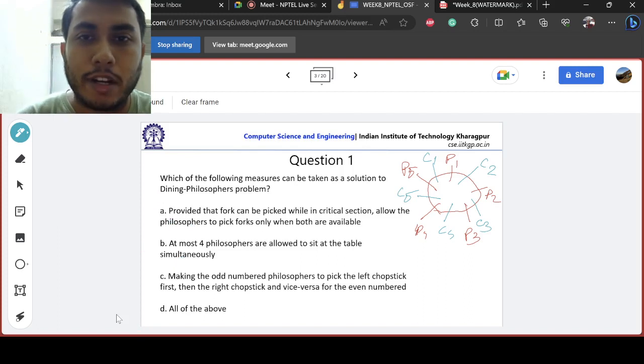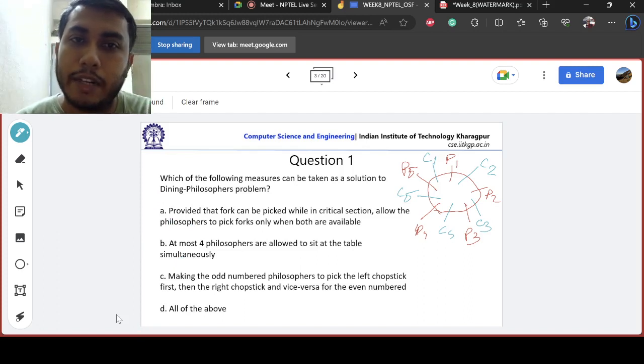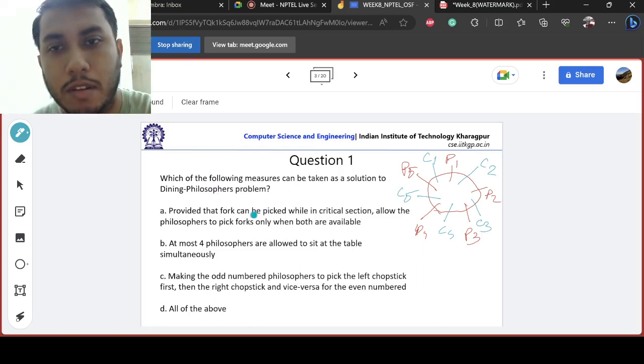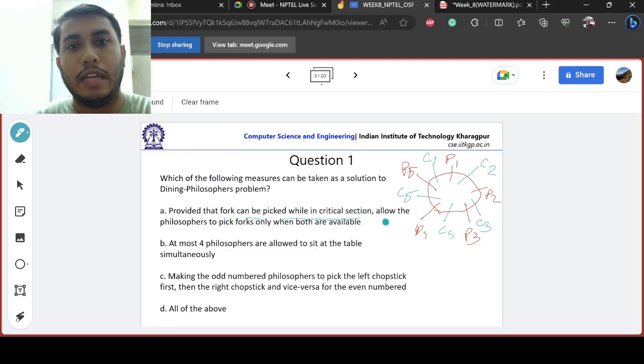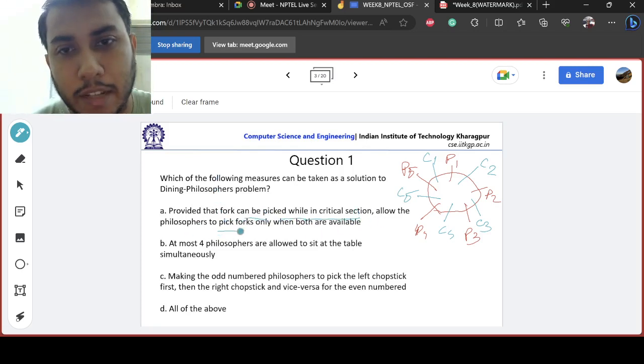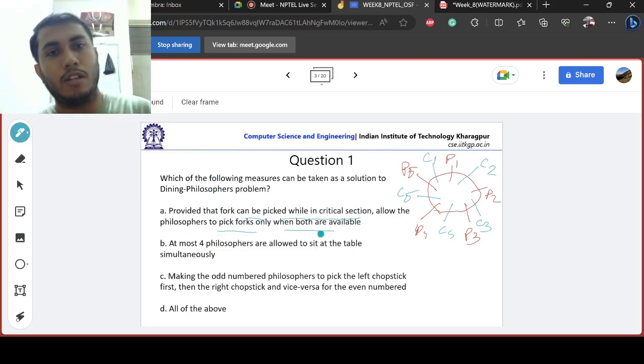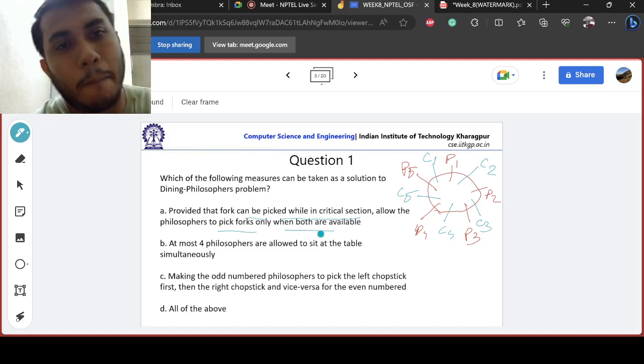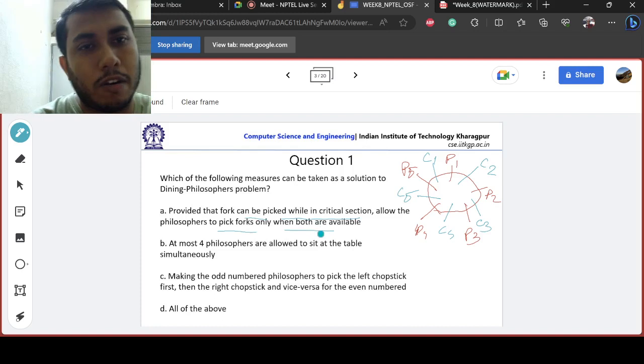Option A: provided the forks can be picked up while in the critical section, allow the philosopher to pick forks only when both are available. As we discussed, one solution was that P1 will pick up C1 only if C1 and C2 both are available.